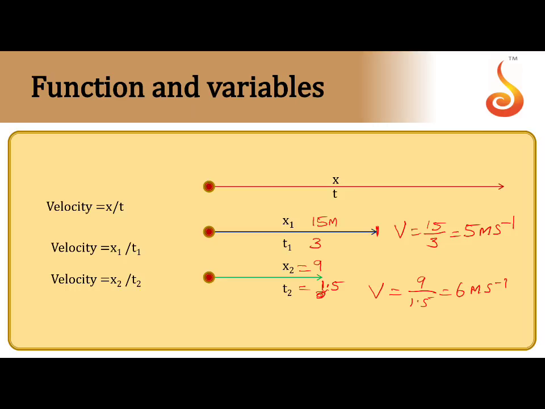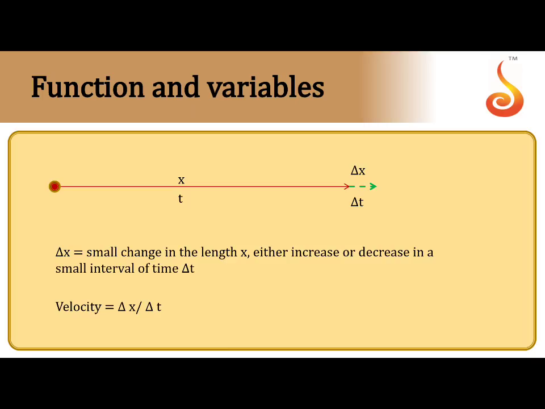Hence, in physics, as you go to the higher classes, we try to find these physical quantities in very, very small intervals. How? Let me consider the body covers x1 meter in t1 time and it covers x2 meters in a time equal to t2.